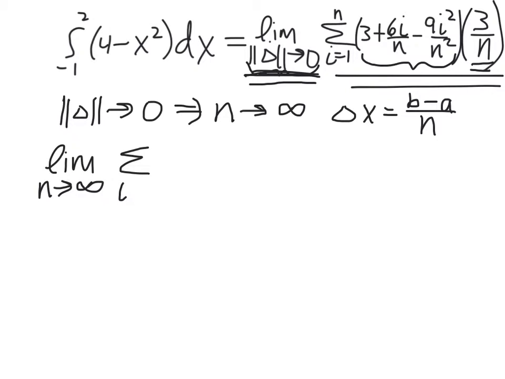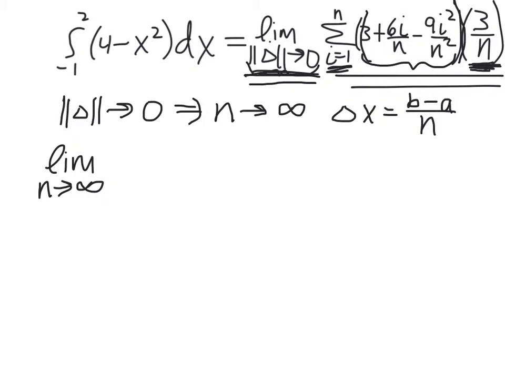And now the summation. Actually, before we write the summation, at this point we have several different steps of algebra to do. It doesn't matter what order we do them in as long as we do the correct ones. Probably the easiest thing to look at now is this 3 over n is multiplied by the entire quantity here, and it is a constant in terms of our summation.